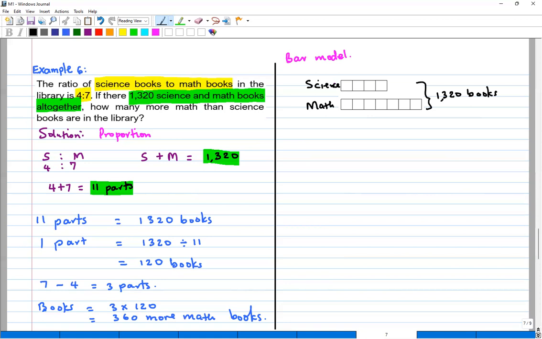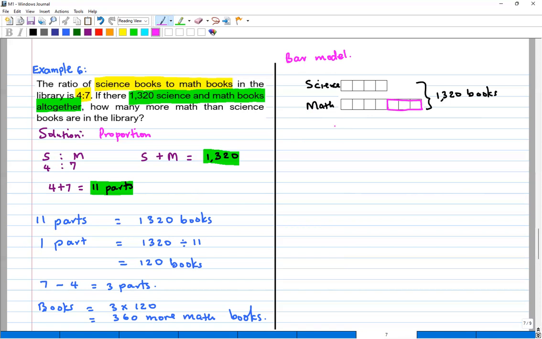Now, how many more math books? So before we get to know that, of course, we know that that will be this part. These are more math books than science books. But now, each square stands for how many books?